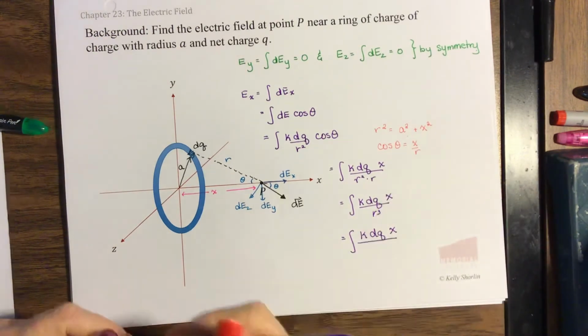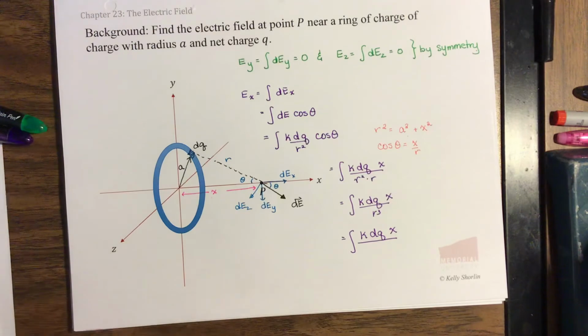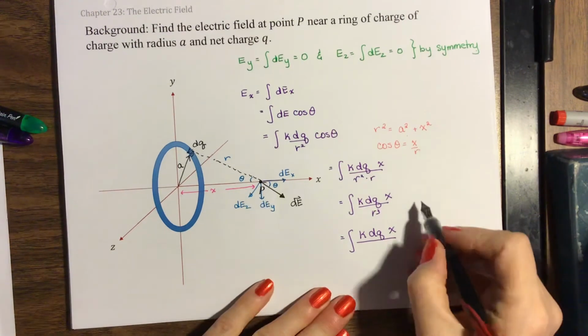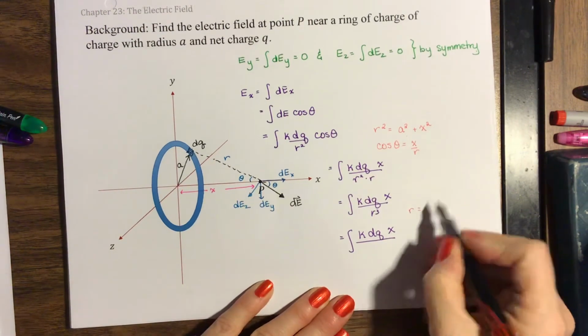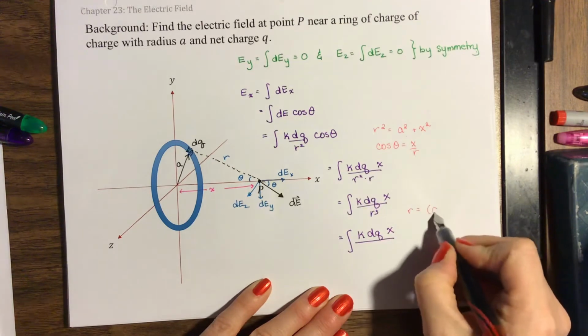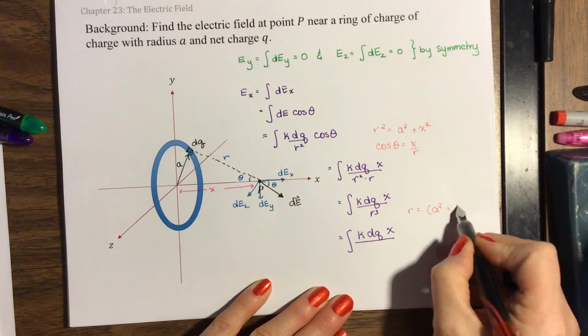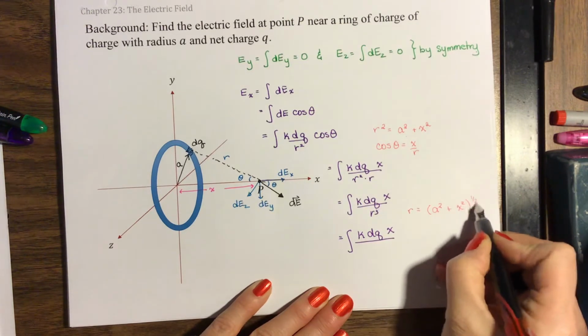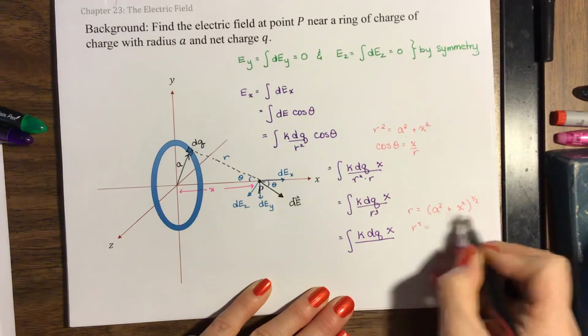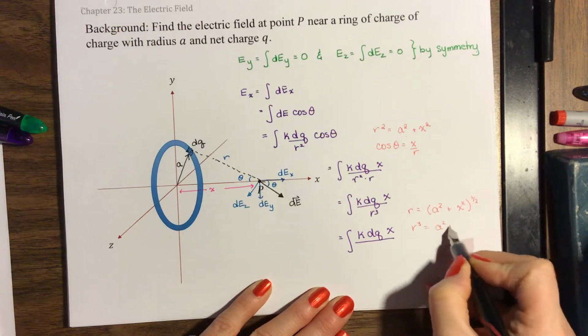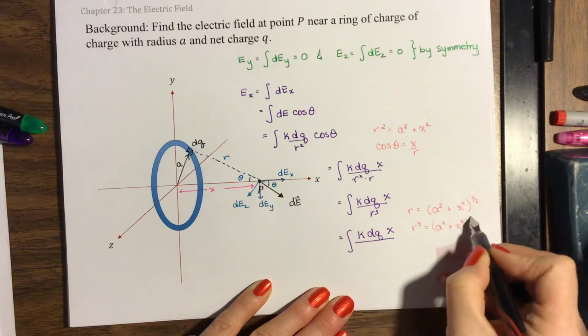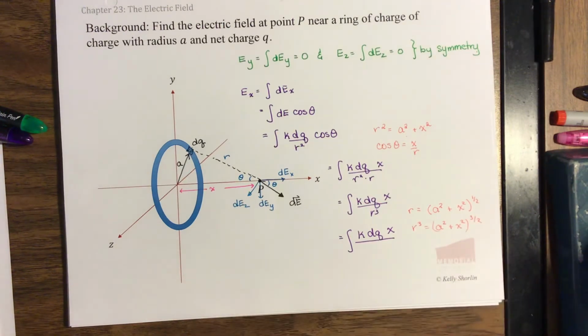So r is equal to the square root of a squared plus x squared. r cubed will be this expression cubed. So we can fill that in for our r cubed.